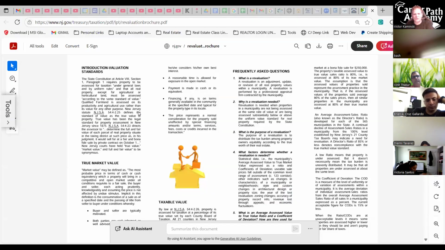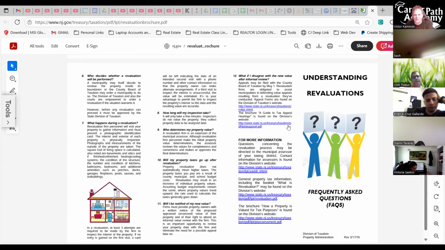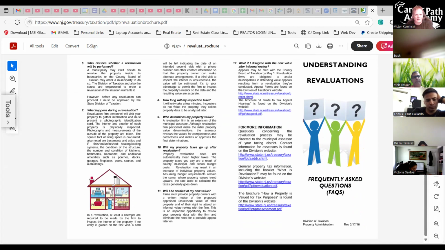This is what the brochure looks like. It's a foldable brochure. It explains the true market value, taxable values, and frequently asked questions. It has a bunch of links and resources here for you, and how revaluations are done.